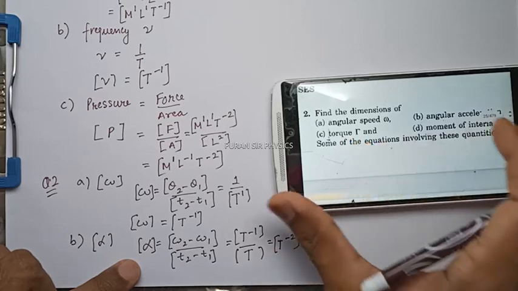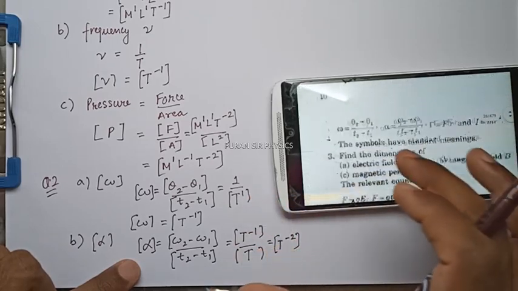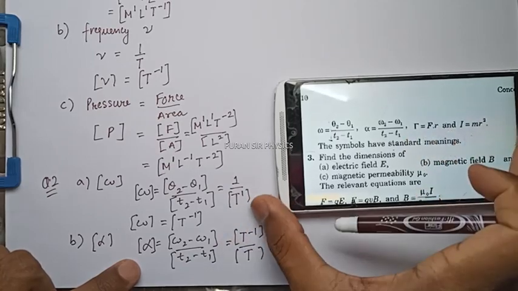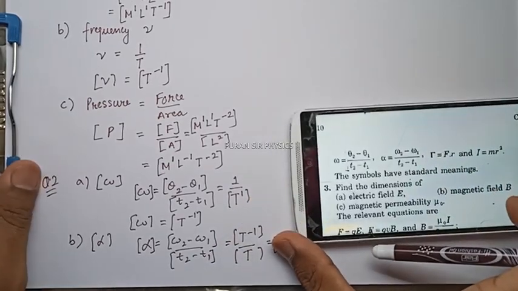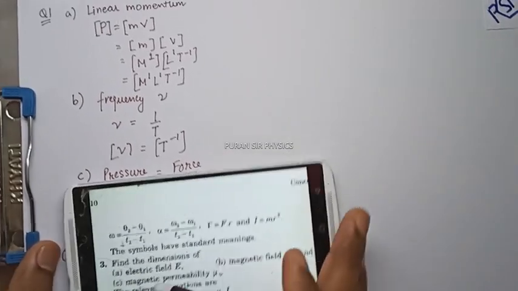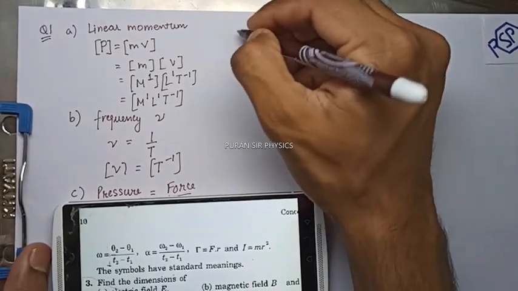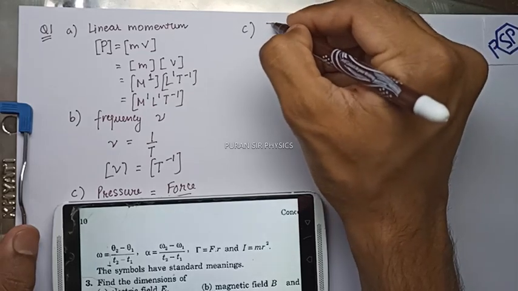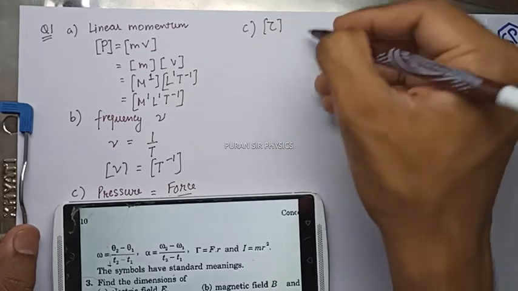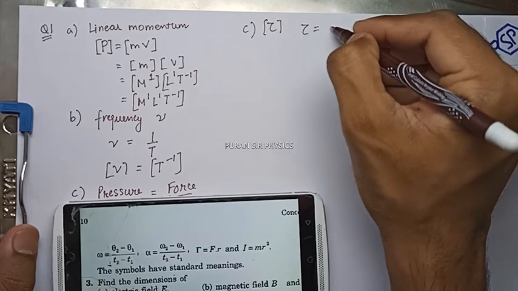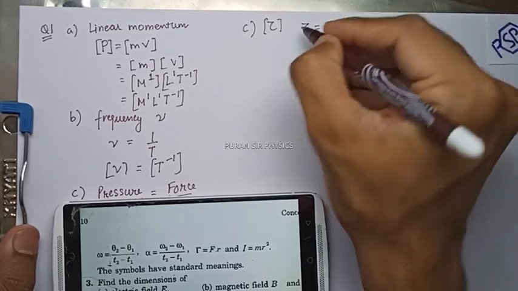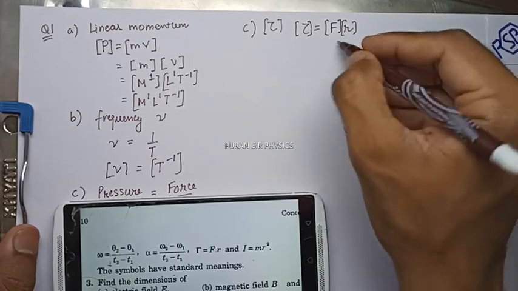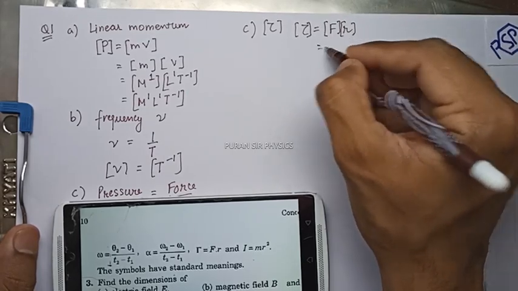Now the C part: we have to find the dimension of torque, and the formula is also given: F into R, not dot, it is F into R. So in the C part, we have to find the dimension of torque, and torque is given as F into R. The dimension of torque will be the dimension of force into the dimension of R. R is a distance.